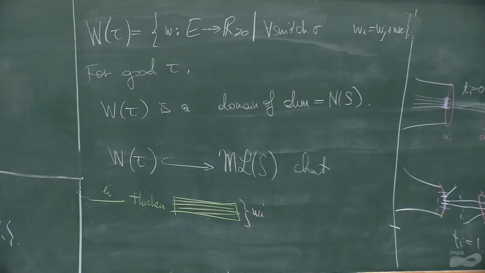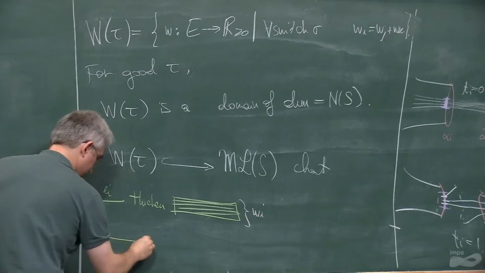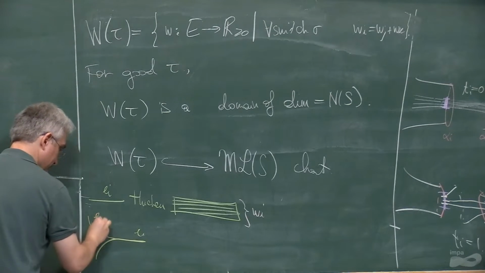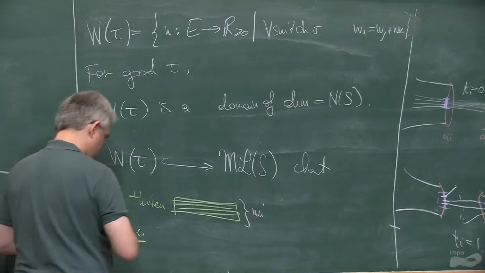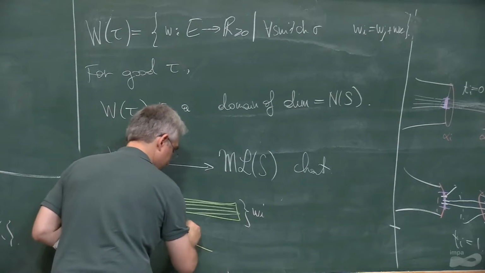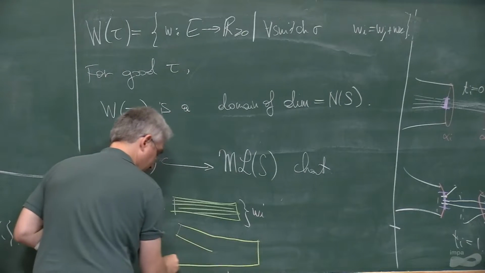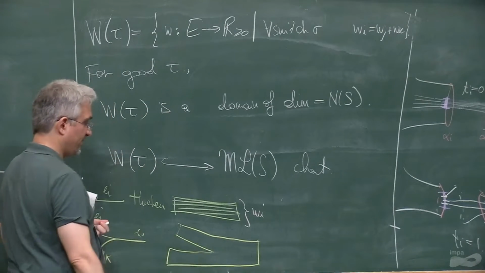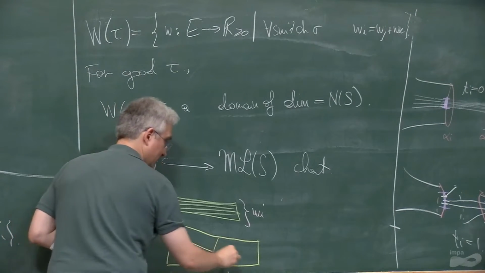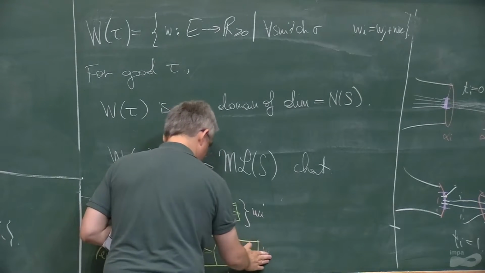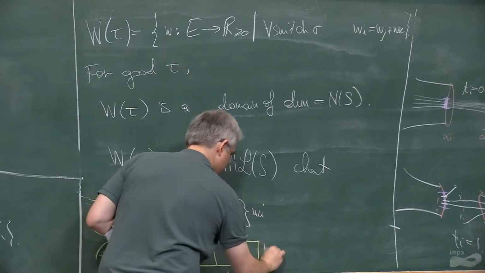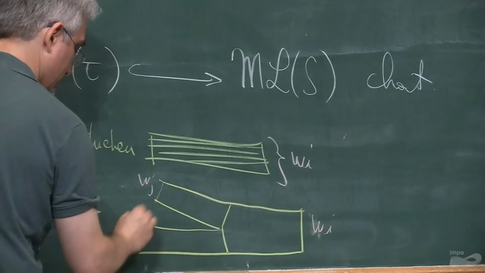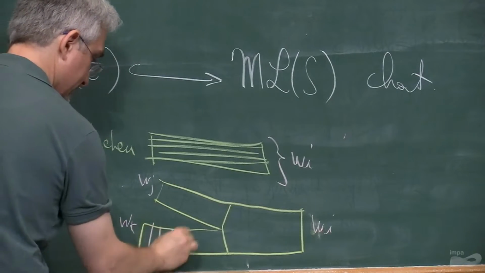So you make a strip and you put a vertical measure of height W_i. And if you have a switch, you get this kind of figure, where this has height W_i, this has height W_j, this has height W_k.